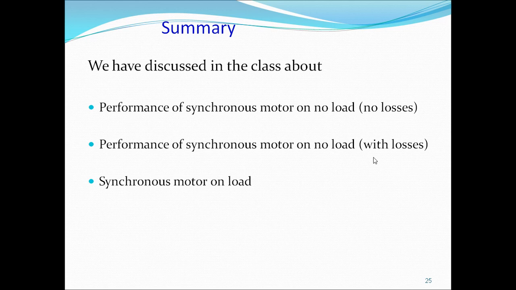From this, if we deduct iron and friction losses, we get the output available at the shaft. So the motor runs at synchronous speed or the motor will stop. Why? Because the angle alpha can only bear up to 90 degrees. If it increases beyond 90 degrees, it comes out of synchronism and the motor stops.